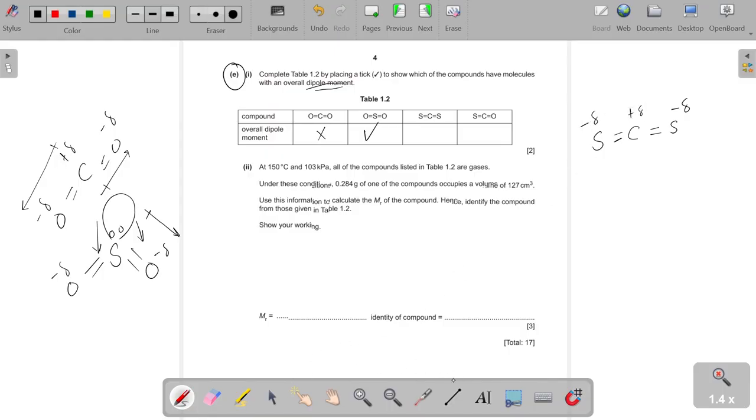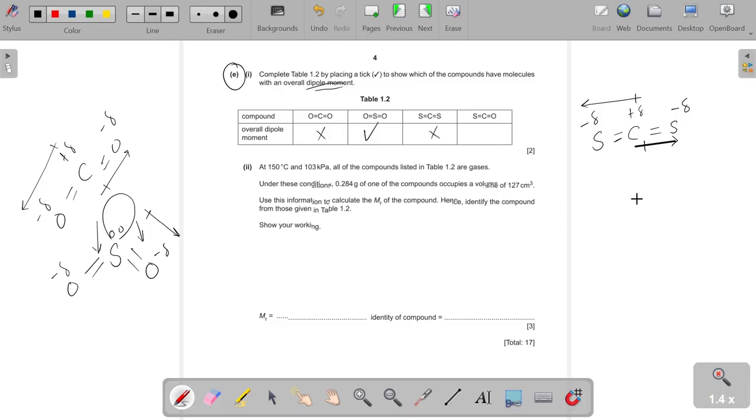They have dipole moments from positive to negative, but they cancel out the effect of each other, so it means it is not showing a dipole moment.